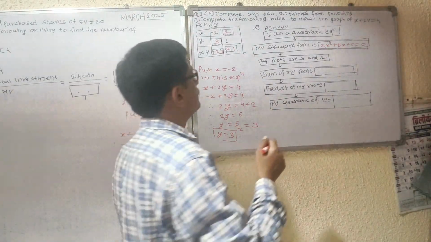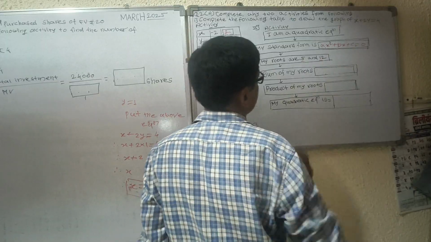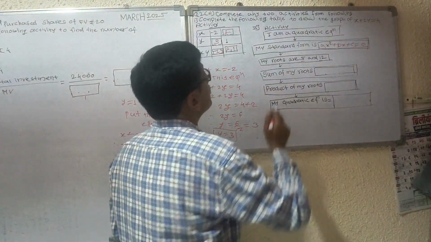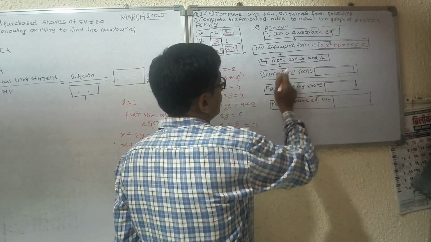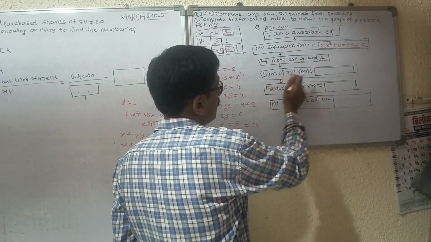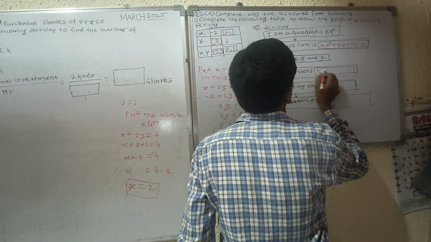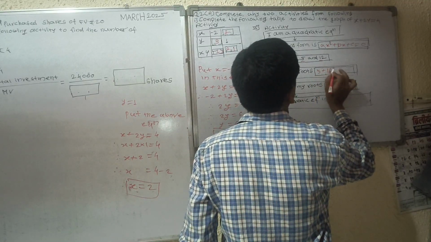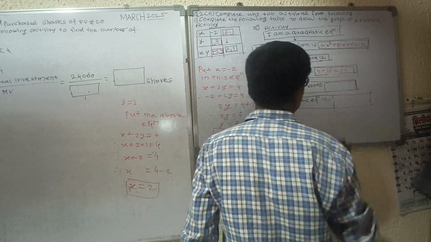You understand? Now my roots are 5 and 12. What is given? Here two roots, 5 and 12. Sum of my roots: here given the roots, then the sum of roots is 5 plus 12 is equal to 17.